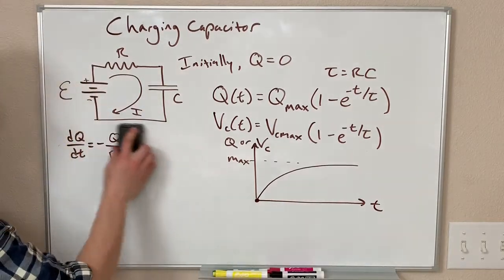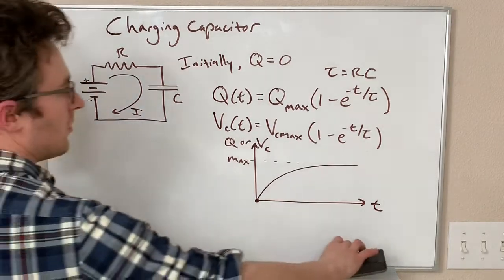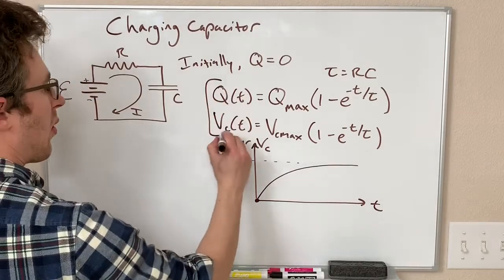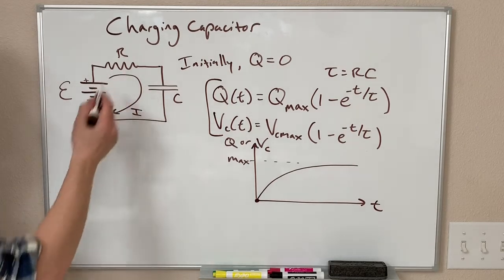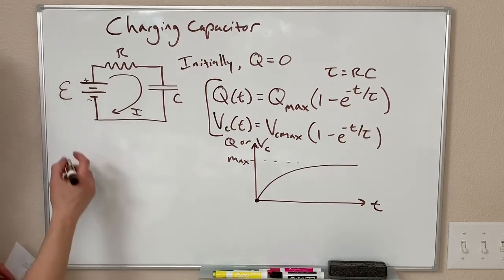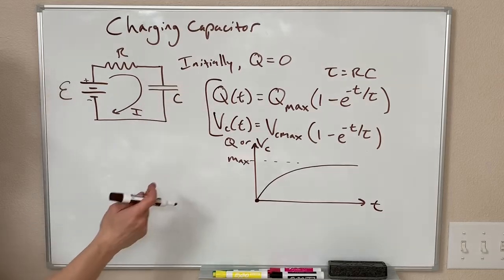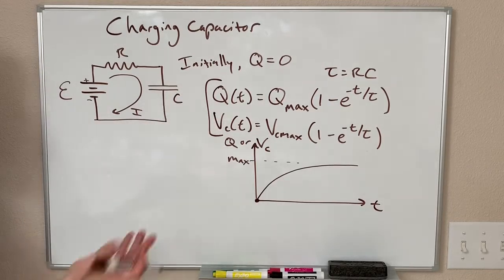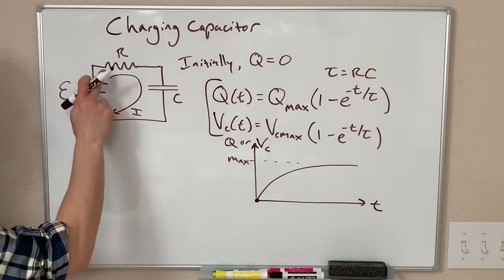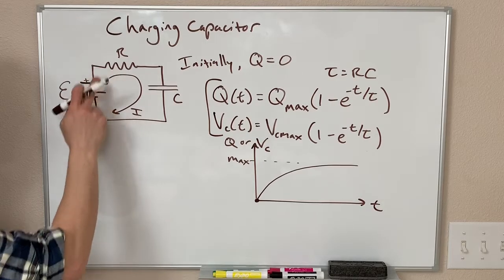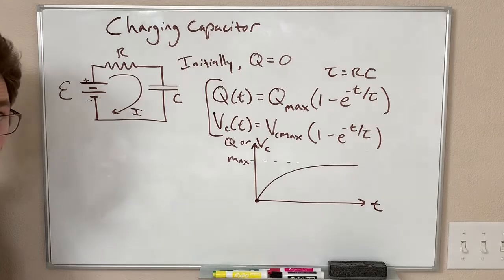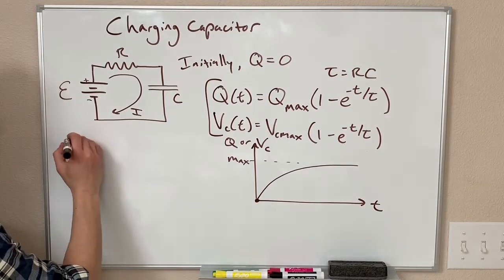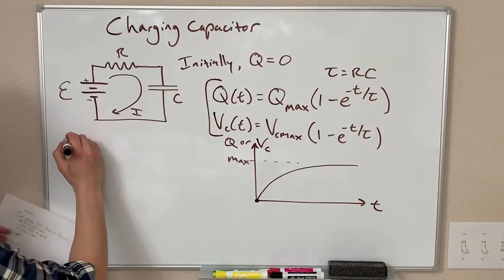All right, so we would like to know what the equation is for the current and the resistor voltage also, and it turns out, kind of like how these are the same form, the resistor voltage and the current also have similar form because of Ohm's law. That should not be terribly surprising. So that looks like this.